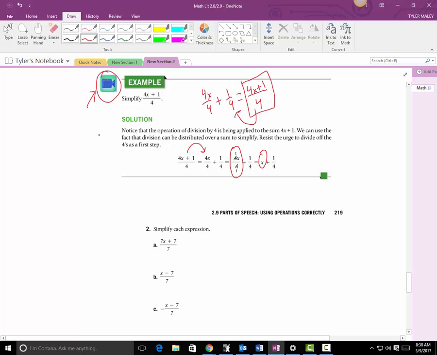This process is important because so many students, when asked to simplify this, get in the habit of crossing things out, and they just want to cross these out and make this x plus 1. But notice x plus 1 is not equal to x plus 1/4. The problem is you're not dividing this term by 4; you're only dividing the first term by 4.